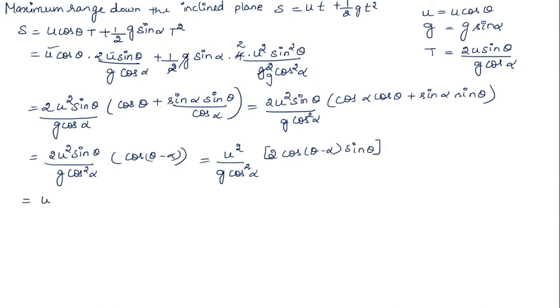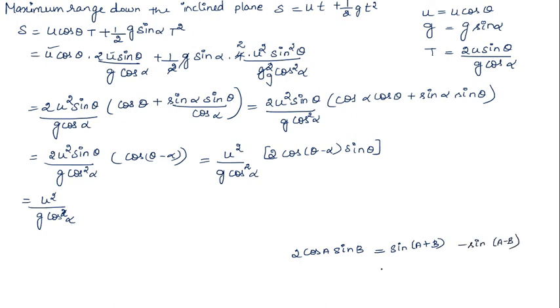This will be u squared divided by g cos squared alpha. So we know that 2 cos A sin B is equal to sin of A plus B minus sin of A minus B.